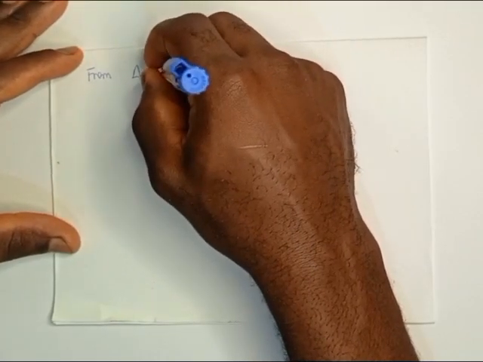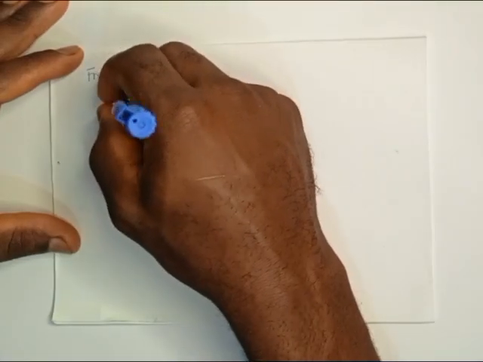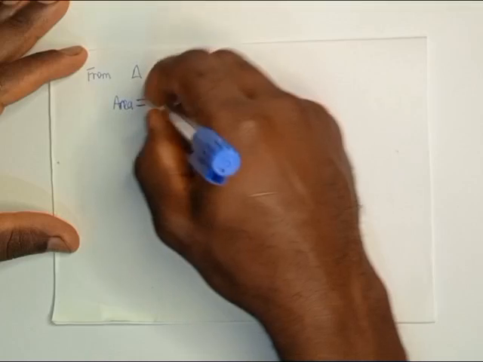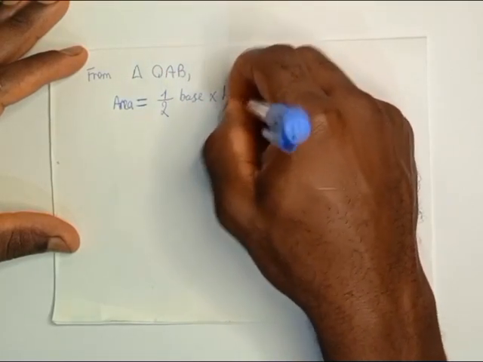Taking this down from triangle OAB, the area is simply equal to a half base times height, the vertical height.